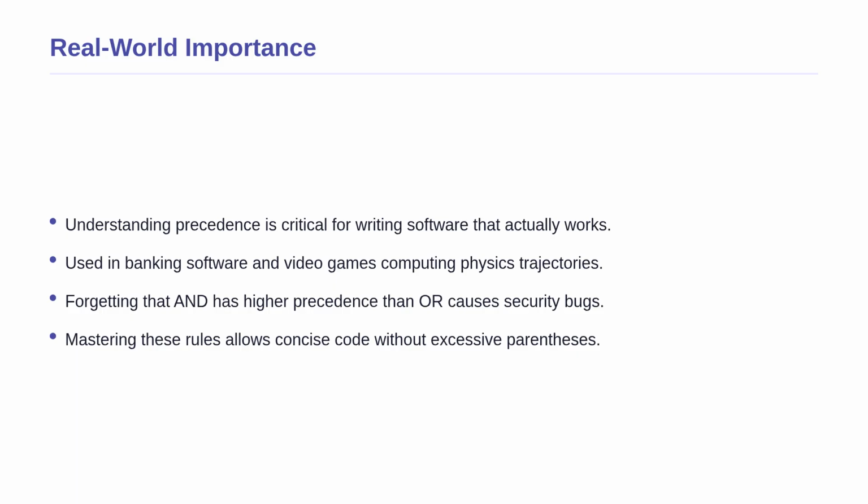If you forget that logical AND has higher precedence than logical OR, you might accidentally grant access to the wrong user in a security system. By mastering these rules, programmers can write concise, accurate code without needing to wrap every single pair of numbers in parentheses, making code easier to maintain.